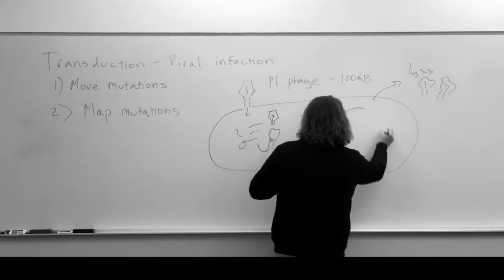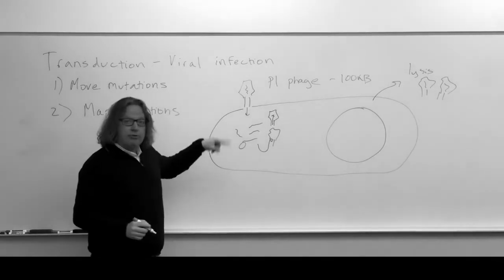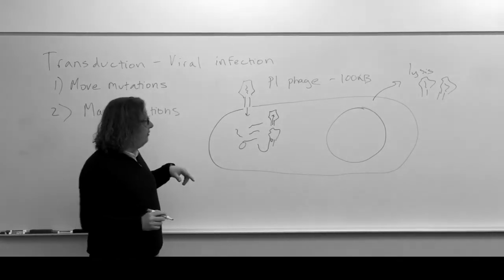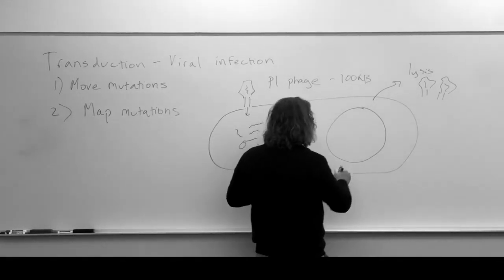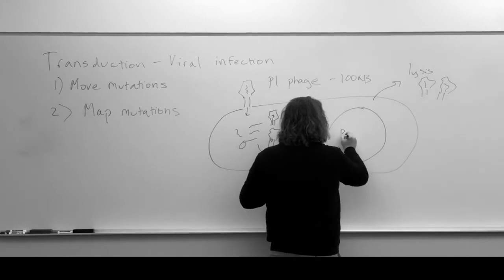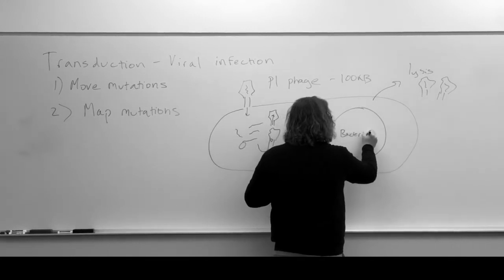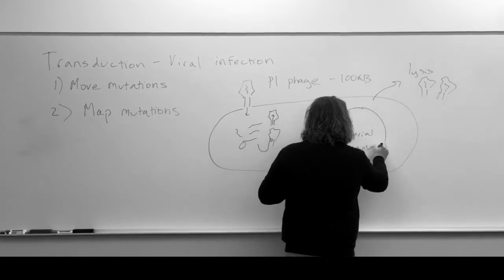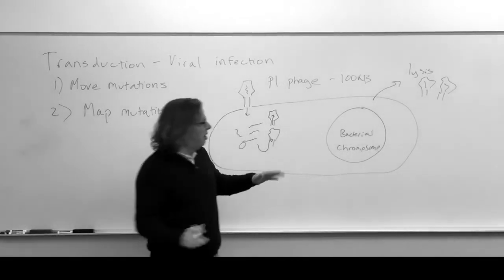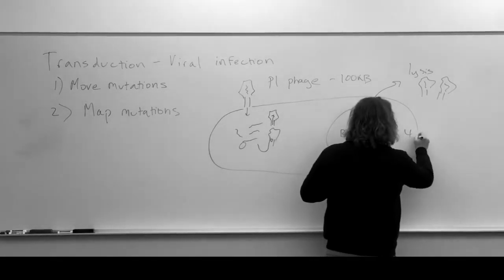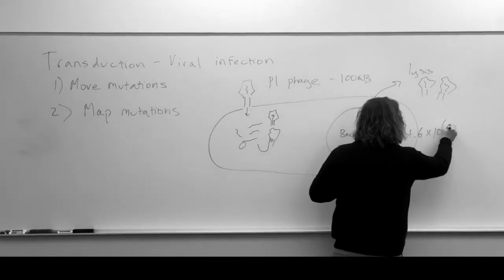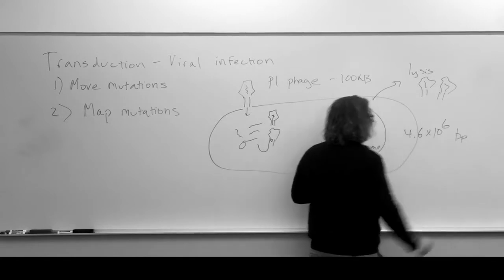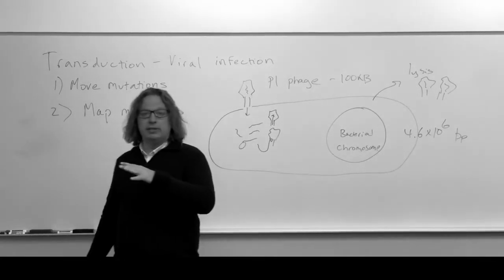So the other piece of DNA sitting in the cell besides this rolling circle replication of phage DNA is the E. coli chromosome, or the bacterial chromosome. This chromosome is around 4.6 times 10 to the 6 base pairs, so around 5 million base pairs.